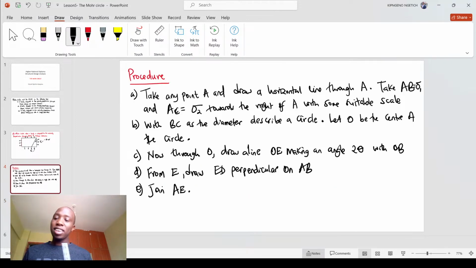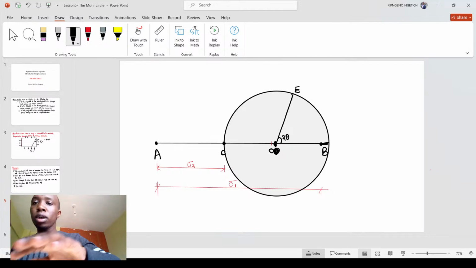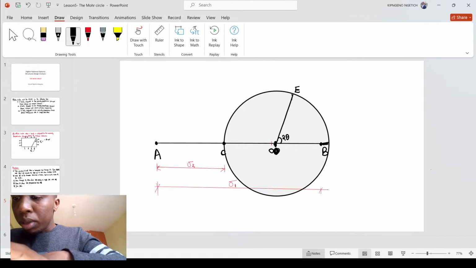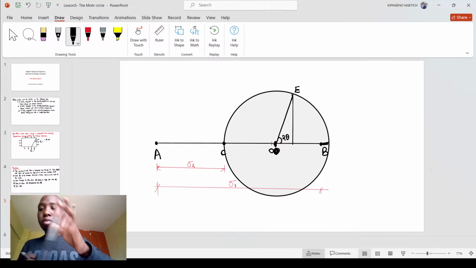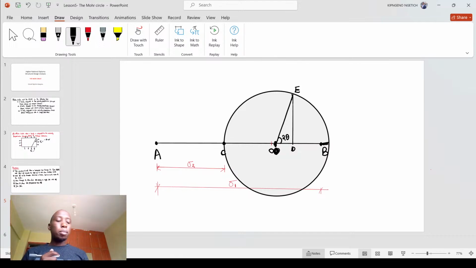Now through O, draw a line OE making an angle 2 theta with OB. From E, draw ED perpendicular on AB. So you need to drop a perpendicular line from E to this line AB. It will be something like this. You have dropped that perpendicular line, and you can name this one D.